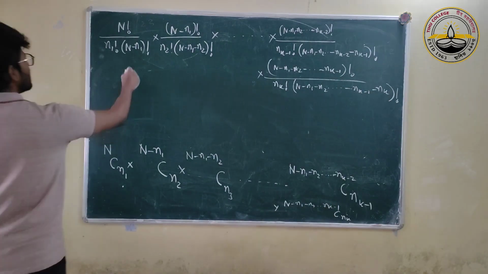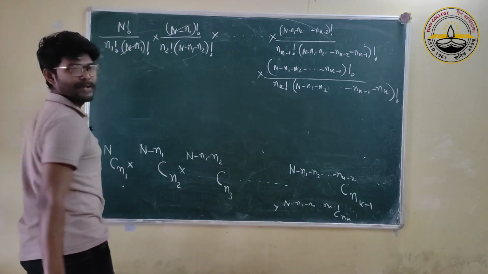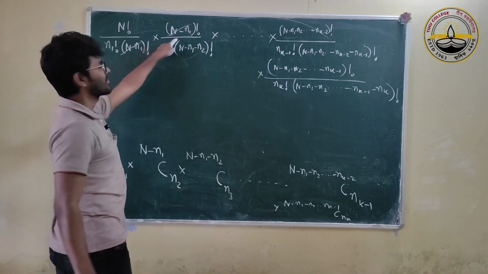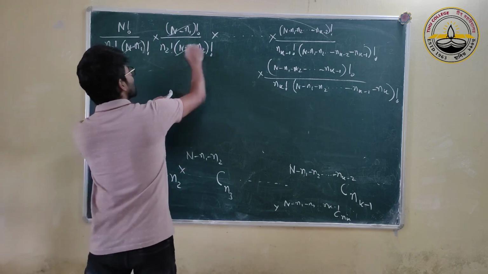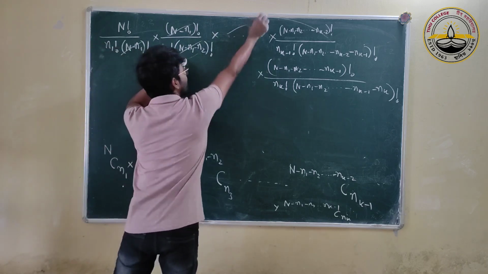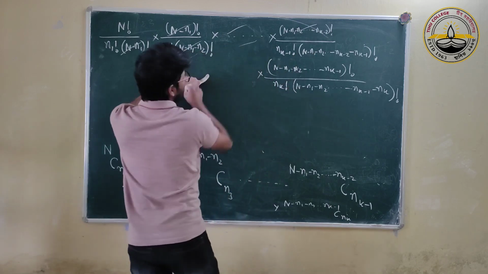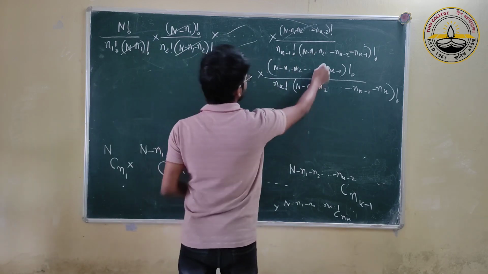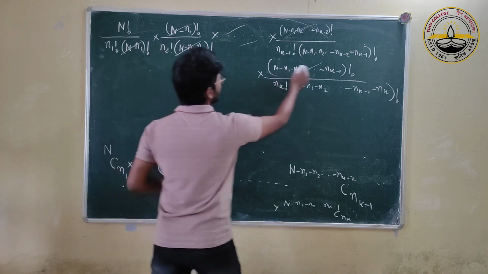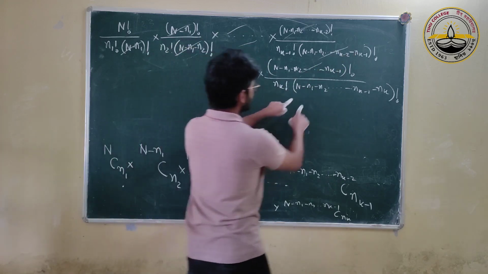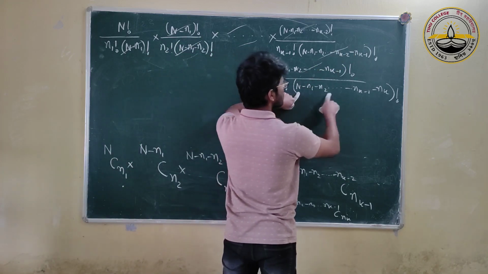You see that this gets cancelled with this next term here, and this will get cancelled with the previous one here, and this gets cancelled with this one here. And what is this? n minus n1 minus n2 minus all the way to nk.